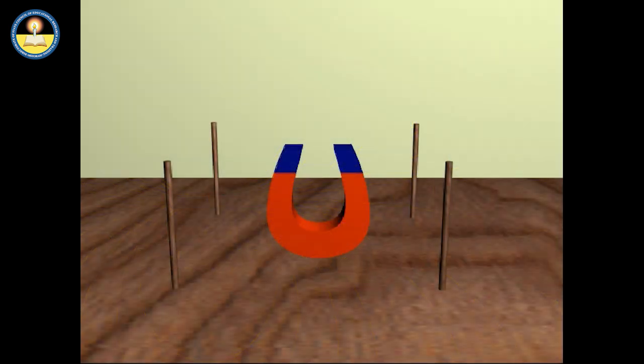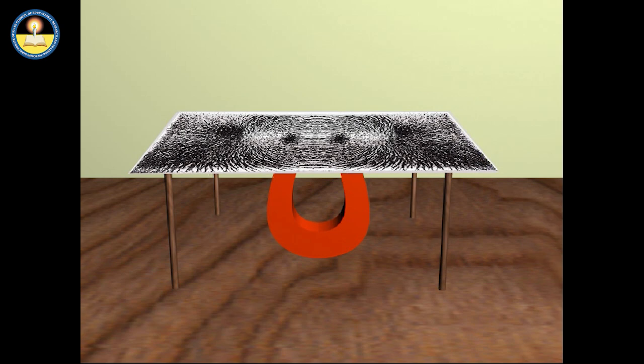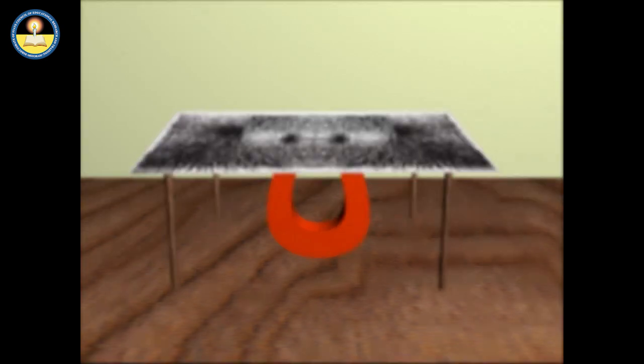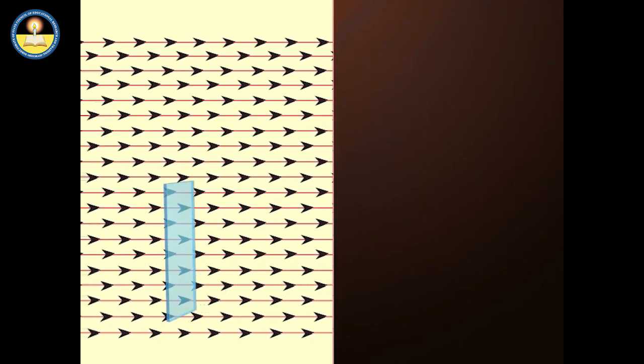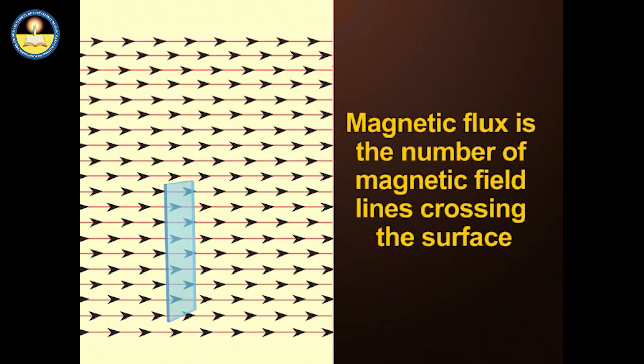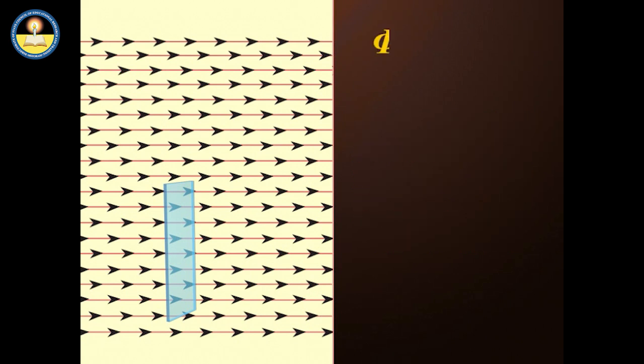Magnetic flux is a general term associated with a magnetic field that is bound by a certain area. It is linked with a surface when held in a magnetic field and defined as the number of magnetic field lines crossing the surface. In general, magnetic flux is the product of the magnetic field and the area through which the magnetic field passes.